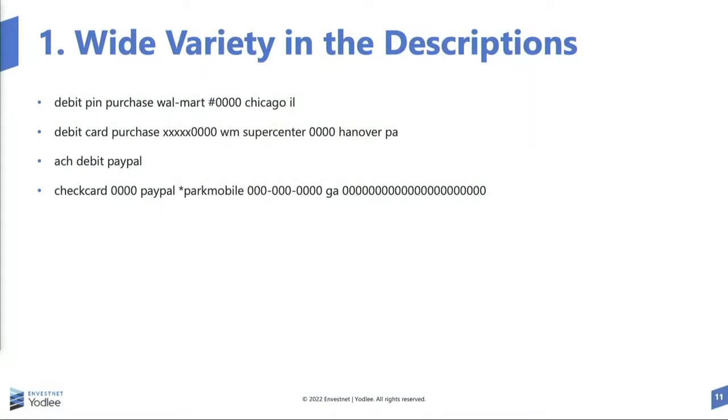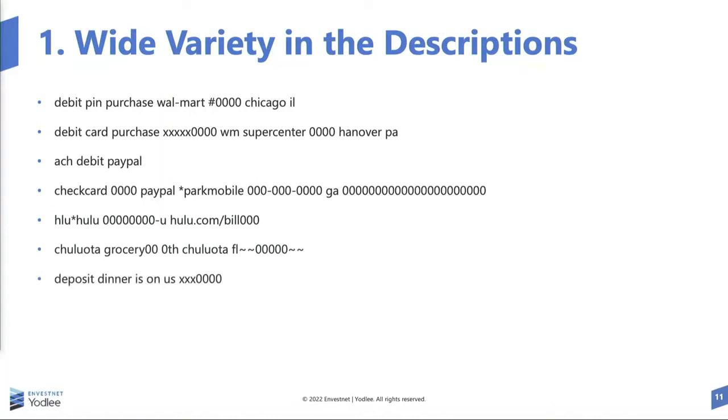But again, even an intelligent human has to spend time to think about it, and even then we could only abstract out 2 or 3 different attributes there, right? This is probably a Hulu transaction. This one gets a little bit more complex, but looks like some sort of a grocery store there, right? This one is harder, but it looks like some sort of a message is passed into the transaction description.